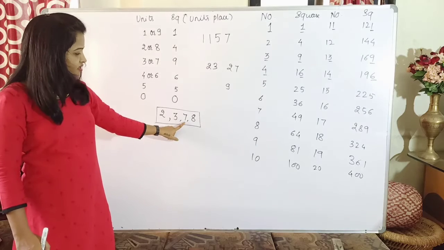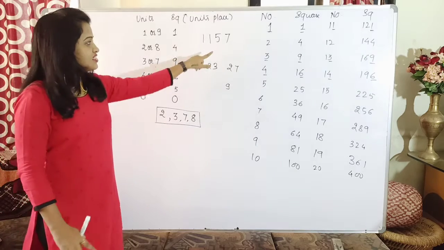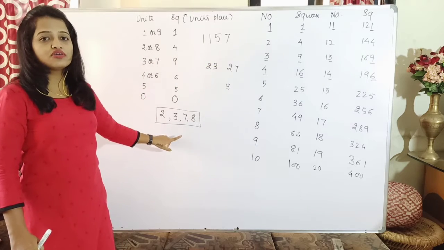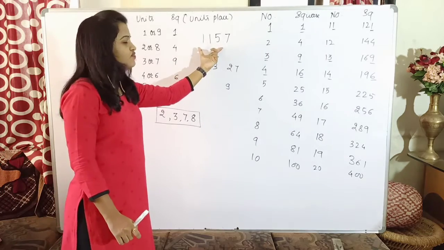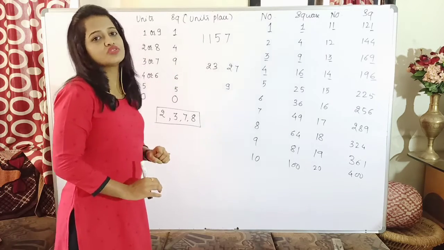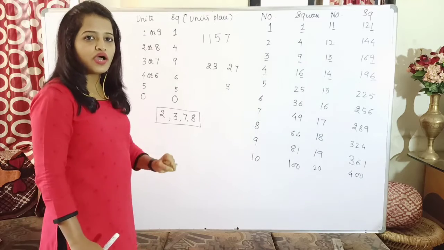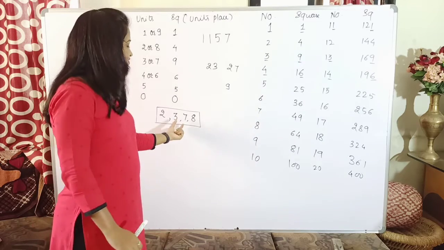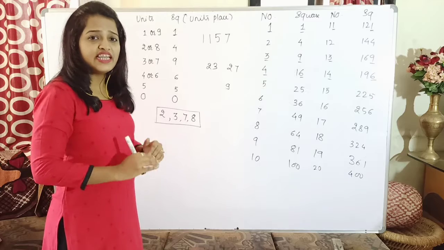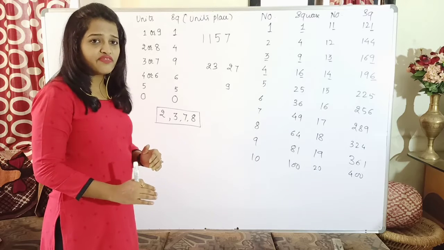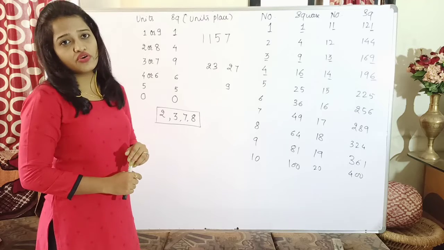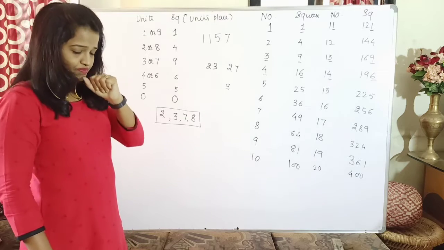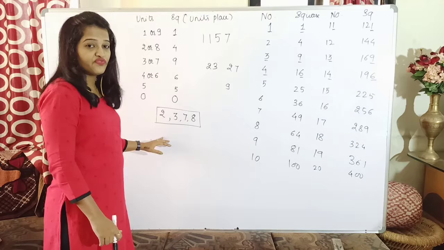As I can see, 7 is a digit which will not occur in a square. It means I can definitely say that 1157 is not a square of any number. Why? Because it is having 7 at its unit place, and any number which is having 7, 2, 3 or 8 will not be a square of any number. So that becomes the first property.